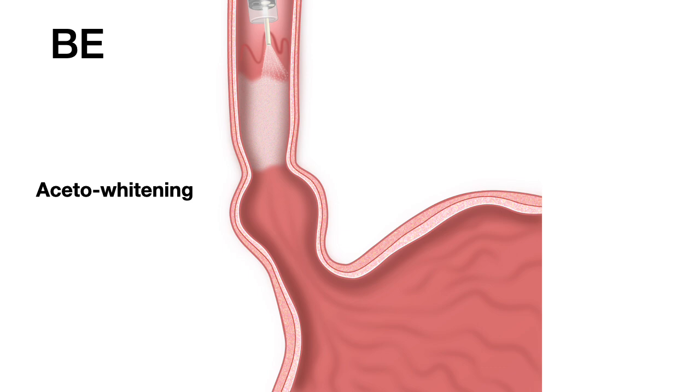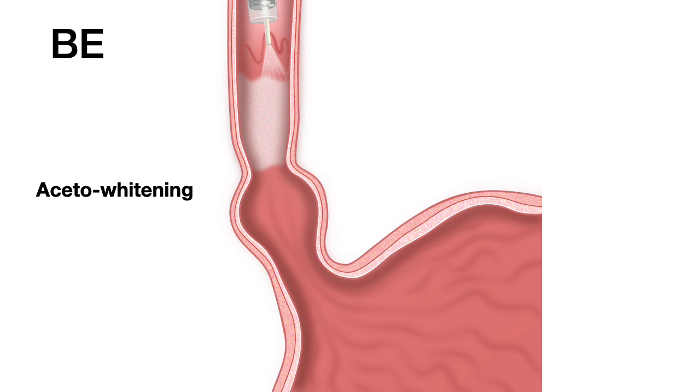What happens is in Barrett's epithelium, without neoplastic change, there will be whitening of the epithelium on contact with acetic acid. This is known as acetowhitening.